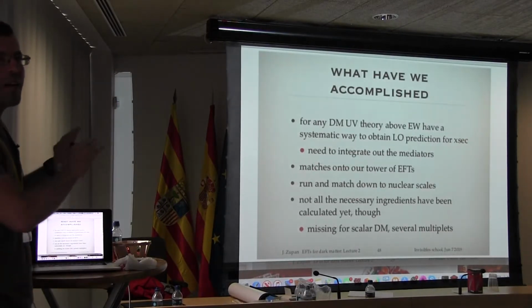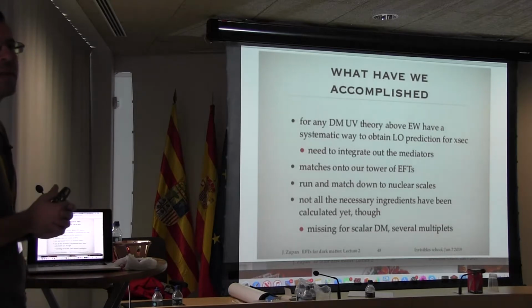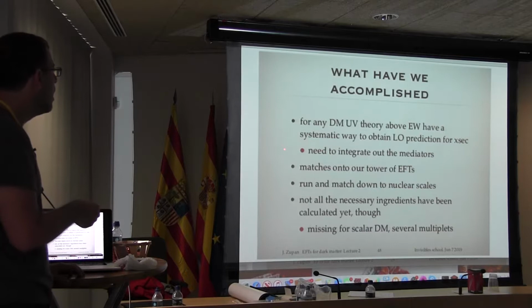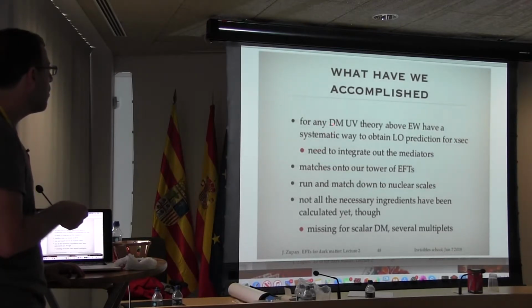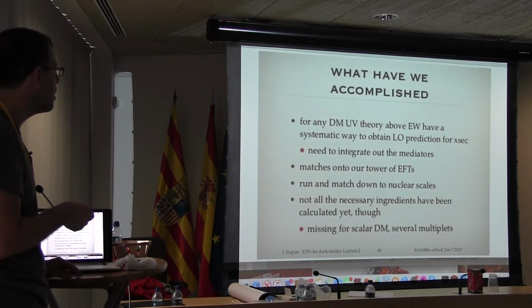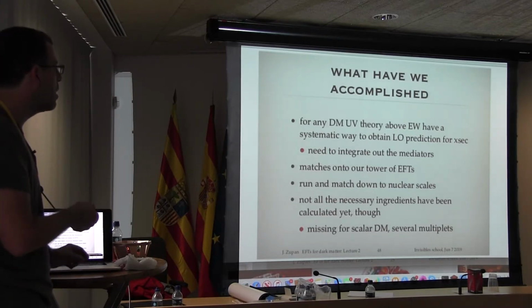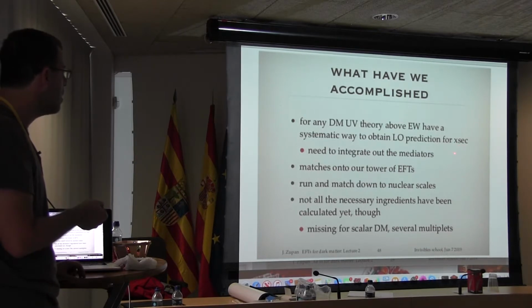All right, so let me recap. There's a lot of moving parts. So what did we accomplish? The good news is, for any dark matter UV theory above the electroweak scale, we have a systematic way to obtain the leading order prediction for the cross section.